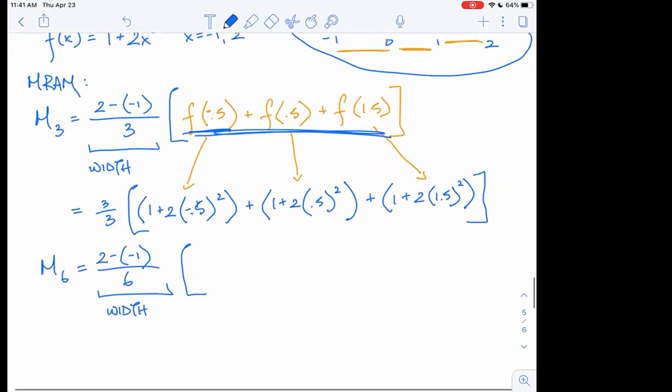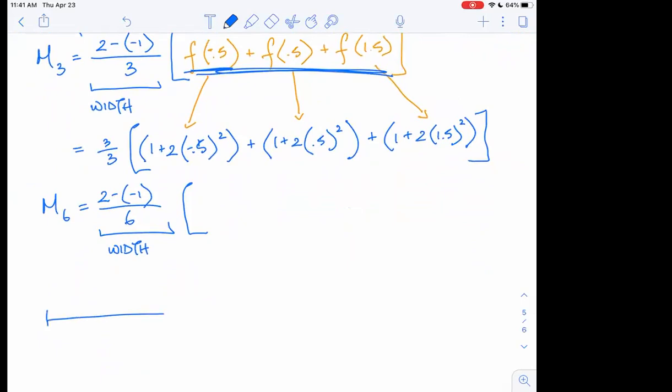So if I go from -1 to 0 to 1 to 2, but I want 6 rectangles, that means I have -0.5, I have 0.5, I have 1.5. So now I've divided that space into 6 rectangles.